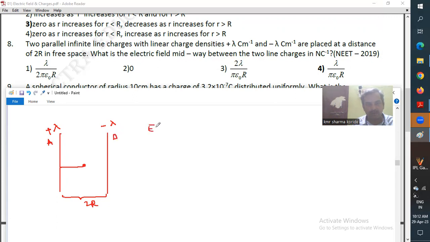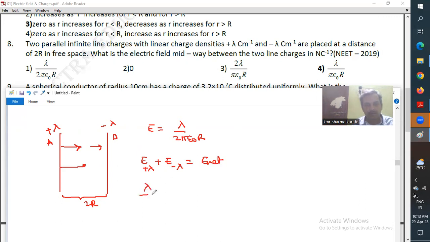So get back the formula for an infinite line of charge. It is lambda by 2 pi epsilon naught R. Now the field due to the positive charge is away from it, whereas the field due to the negative charge is towards it. So these fields get added. E due to positive lambda plus E due to negative lambda is equal to E net, because field is a vector quantity, again making use of the parallelogram law.